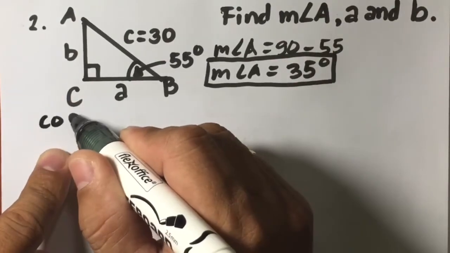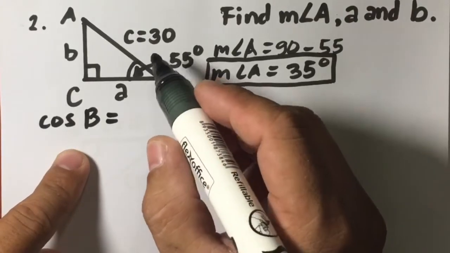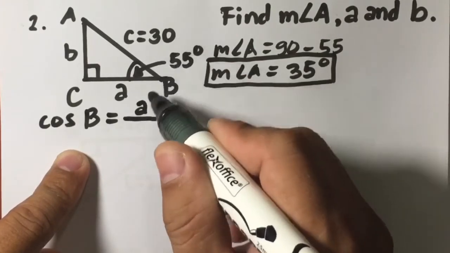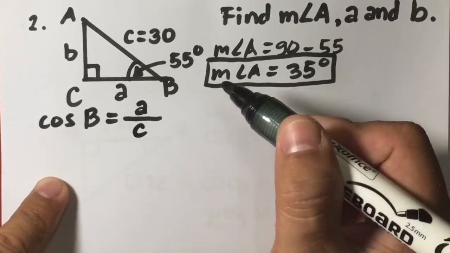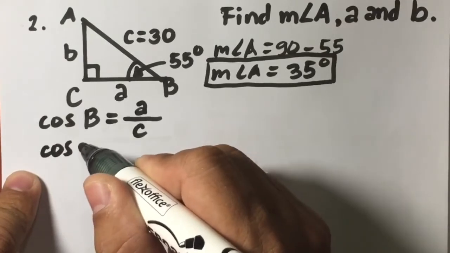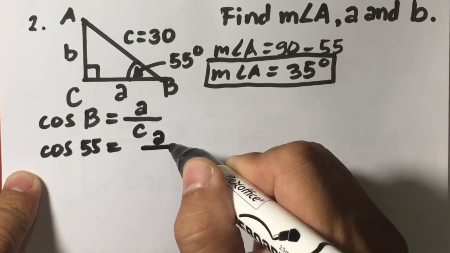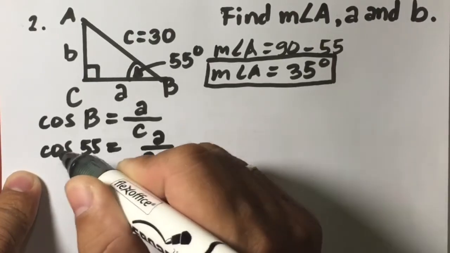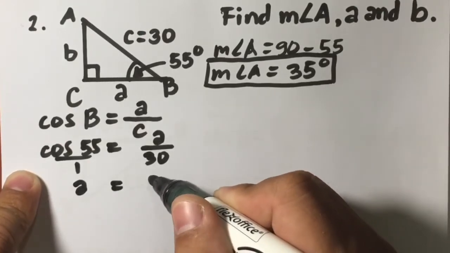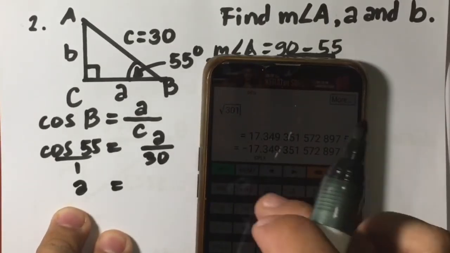So cosine of B is equal to adjacent, which is A, over hypotenuse, which is C. Then substituting, B here is 55, so we're going to have cosine of 55 equals A over C, which is 30. Cross multiplying, A is equal to cosine of 55 times 30. We're going to use the calculator here.